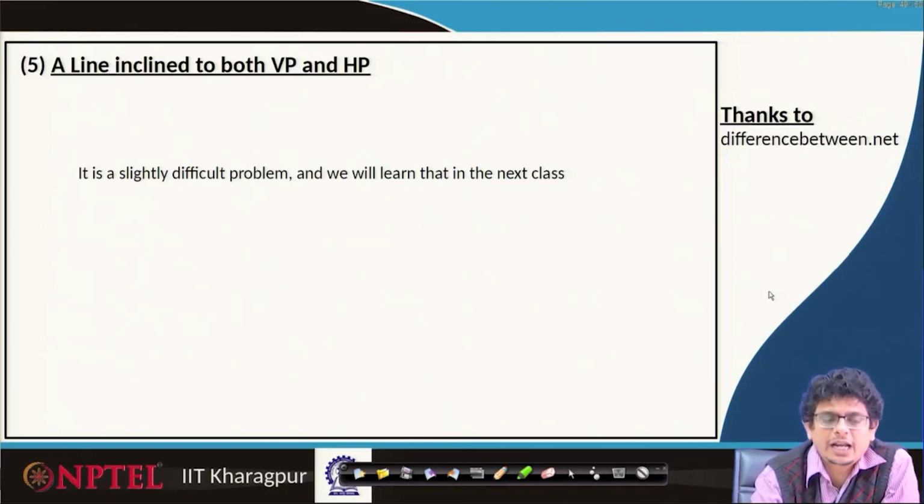Let us look at if a line is inclined to both vertical plane and horizontal plane, that will be a more difficult problem to handle. Can you think about it?